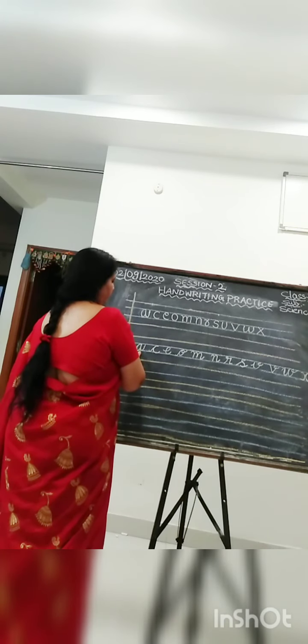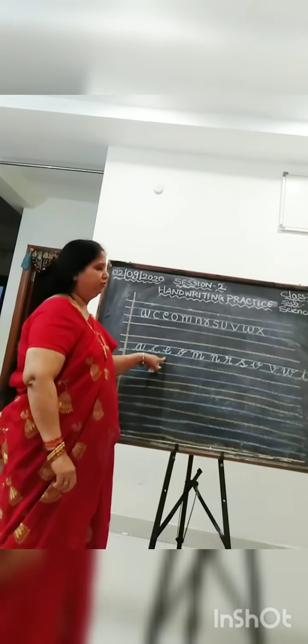Small letters we have written in cursive. Look here, this is the difference. Cursive letters. This is A, C. I is also a middle letter, isn't it? I we didn't write. I is also a middle letter stroke. Okay.